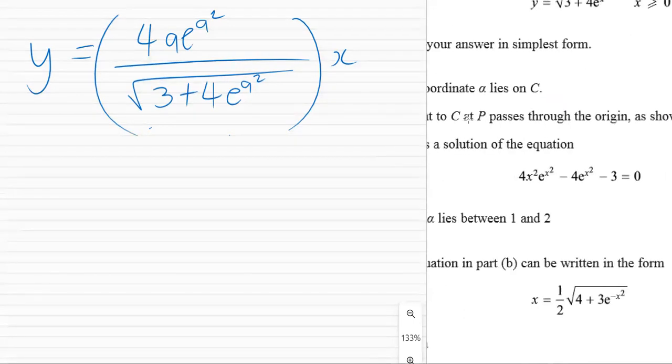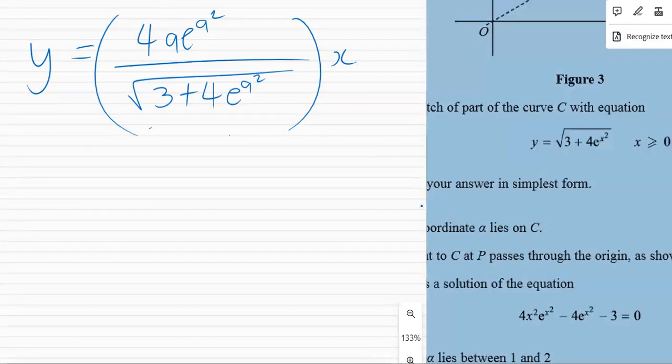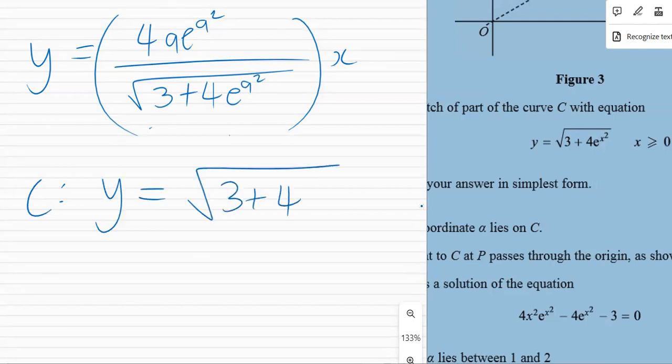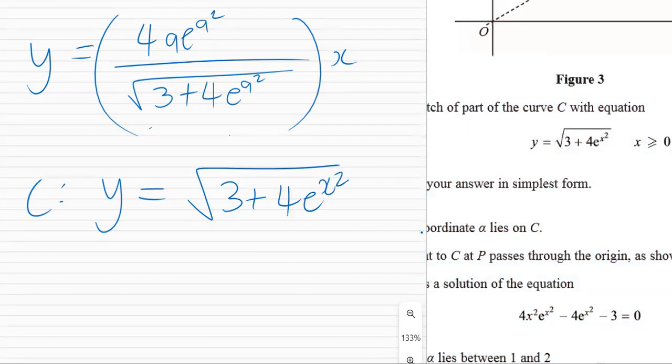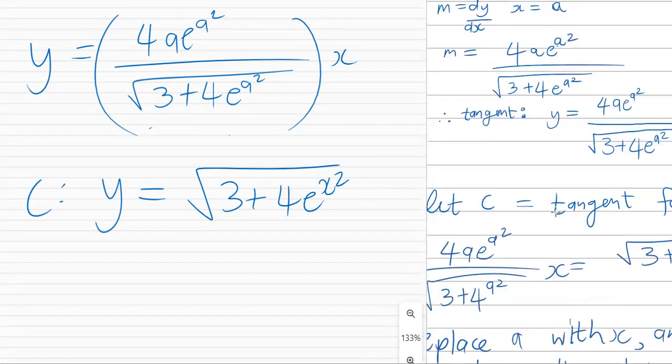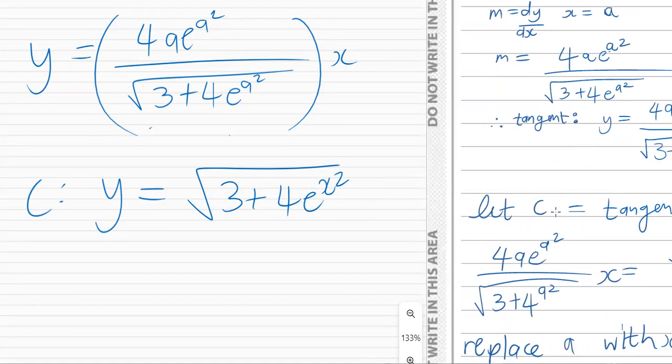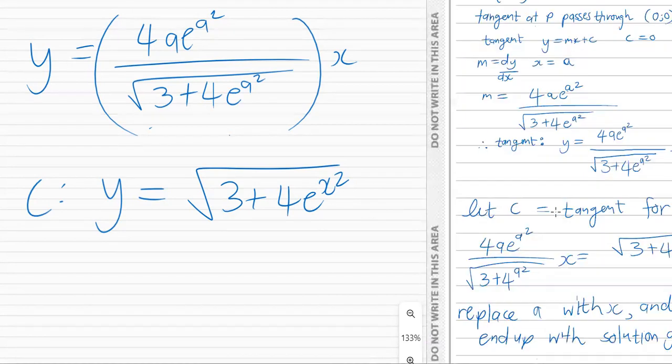Just go back to the question and grab it, so that's our equation for c over there. So our c was y equals square root of 3 plus 4e to the x squared. And logically speaking, we know that we have to equate these two in order to find the answer. So you let c equal the tangent in order to find the solutions.